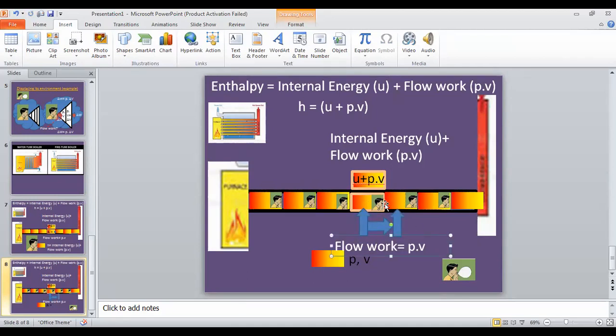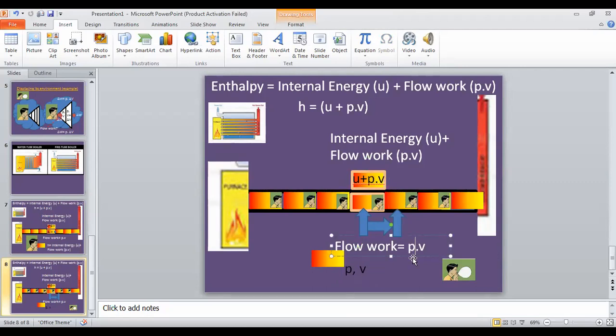It is something like a flow work effect. So this flow work is pressure times volume. Later we will see how we derive flow work as pressure times volume. But generally, when there is this nature of displacement of the surroundings, pressure times volume is the work done, pressure times the displacement. So we will talk about that afterward.